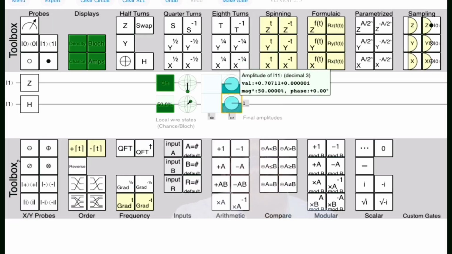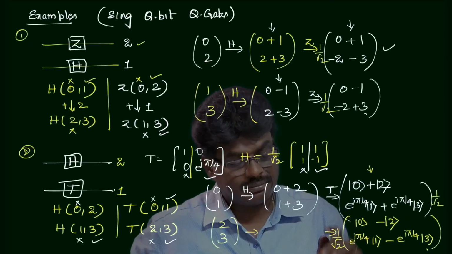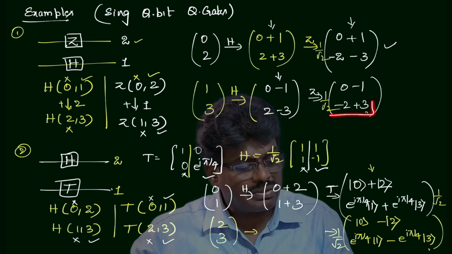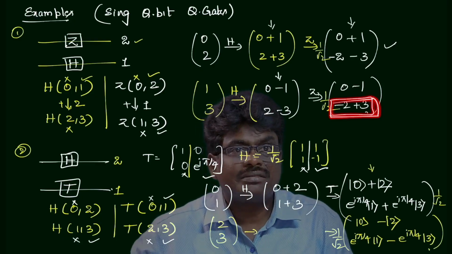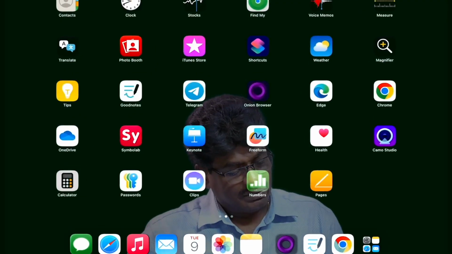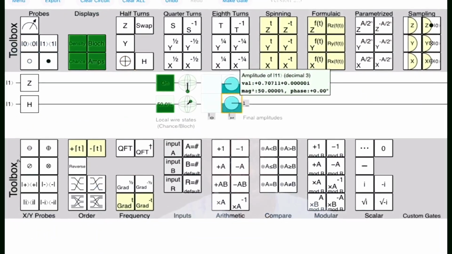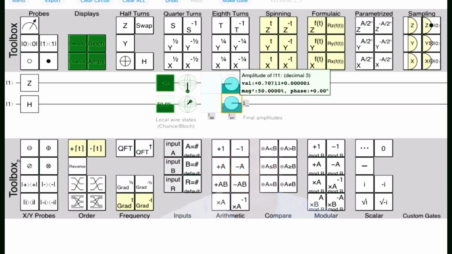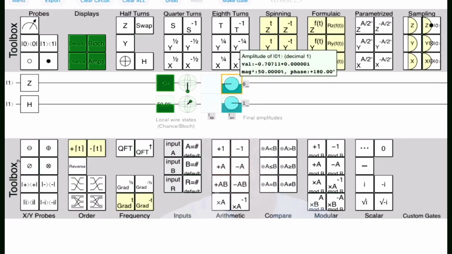And this one 1 1. So let us check, here we have 3, this is minus 2 plus 3, exactly. So here this is 2 only, one more time I'm saying, and this is 3. 3 has phase plus 1 here, I mean 0 phase, that is plus 1, and this phase is 180, we have minus.